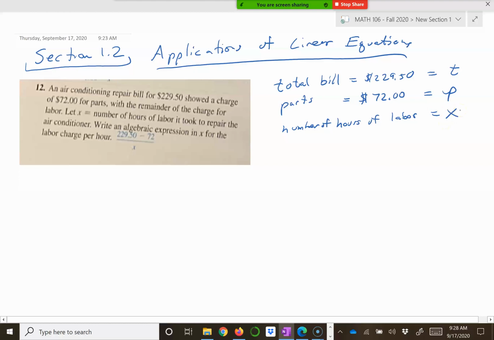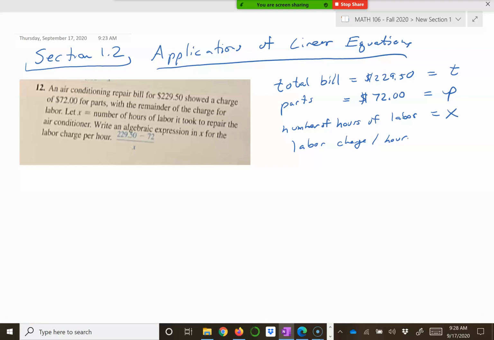And then they want an algebraic expression for the labor charge per hour. So in real life, and this is how they always get you, it's like when they're installing something on your car and you look at the bill: the part costs $15, but your bill's $150.